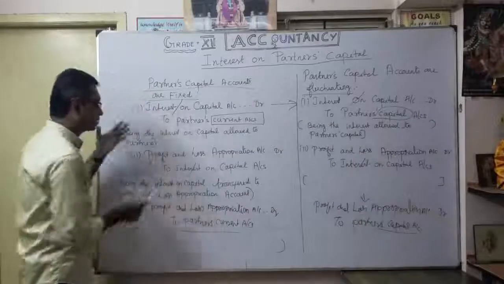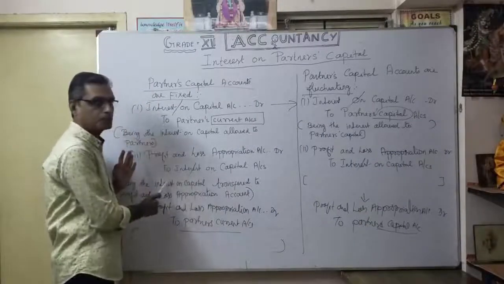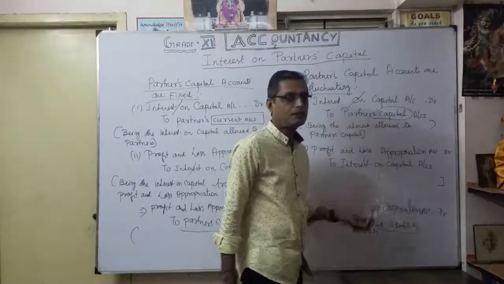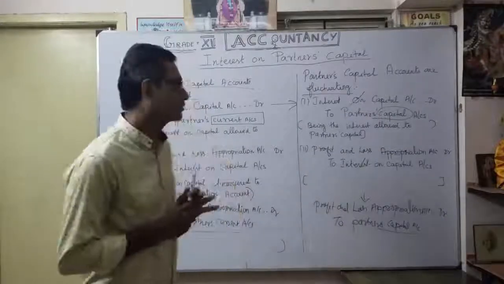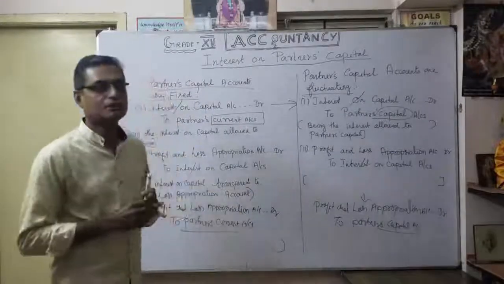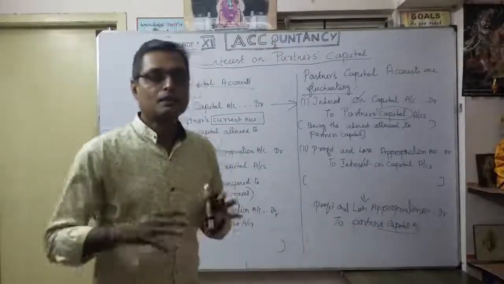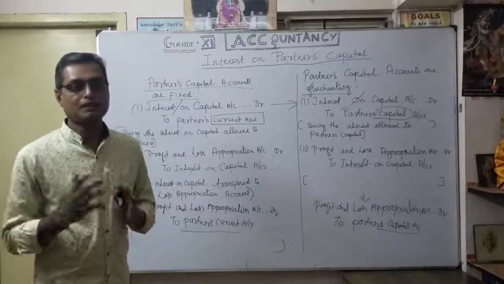Always make two entries. Whatever you calculate as interest on capital, transfer it to the profit and loss appropriation account. That is the very important discussion for interest on partners' capital. Now we'll see some examples of how to calculate interest on capital for different cases.